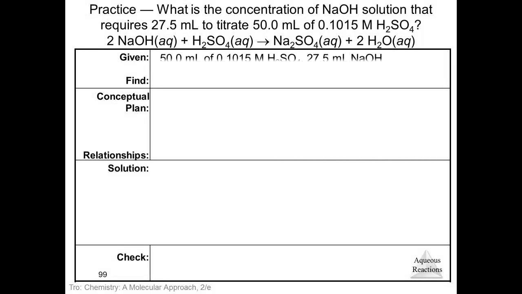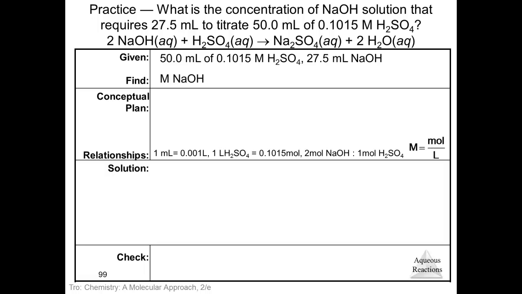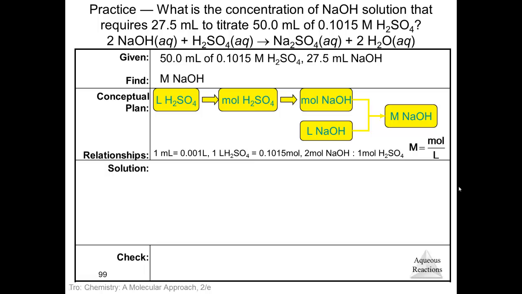So again, we're given volume and concentration of the acid and just volume of the base, and we need to find the concentration of the base. Same kind of conceptual plan we used last time. We know our ratios, 2 to 1 for the base to the acid. We're going to go from milliliters to liters of the acid.